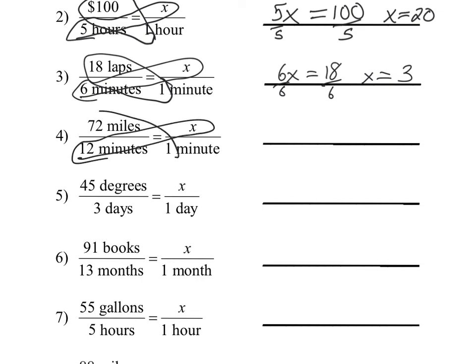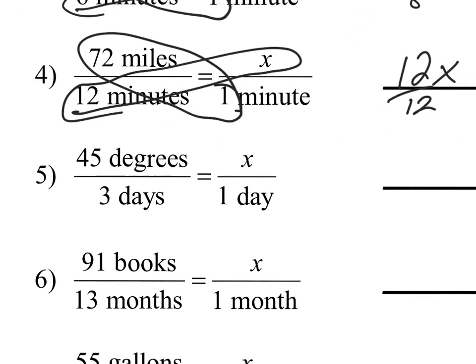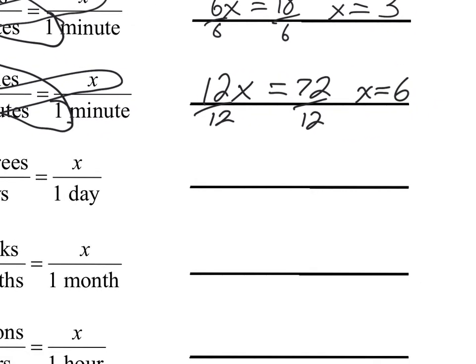Times x, 1 times 72. 12x equals 72. Divide by 12, divide by 12, x equals 6. So that means 6 miles per minute.